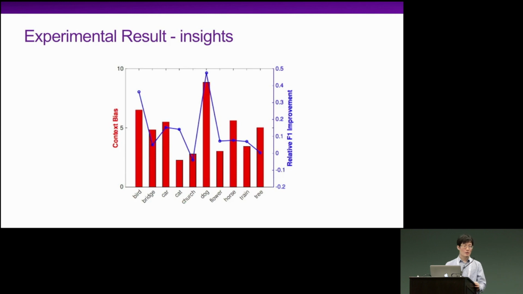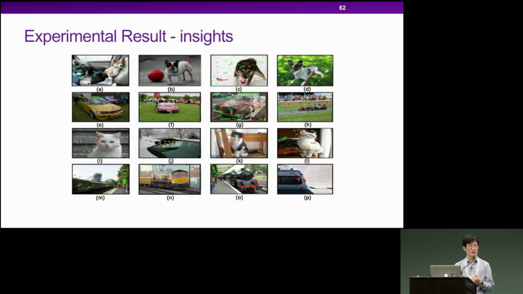We also try to visualize the highly weighted features of the causal learning model and the correlation-based model. Here you can see the red boxes are the highly weighted features in the causal model, and the green features are the highly weighted features in the correlation model. The point is we didn't do any object localization. We just learn from the raw data.